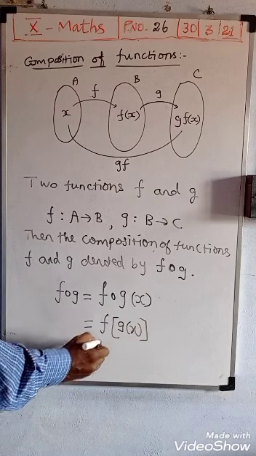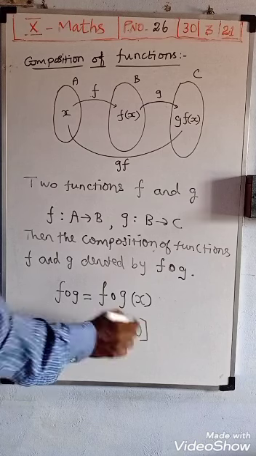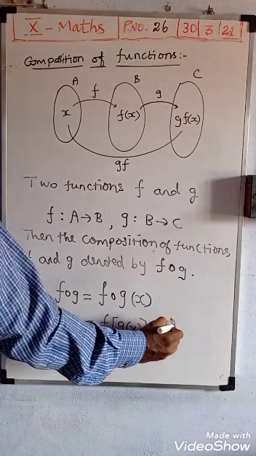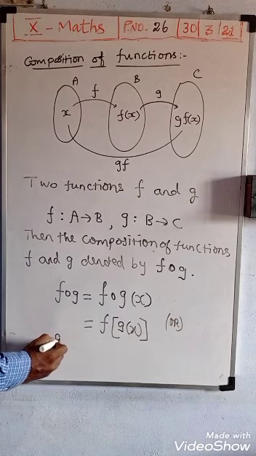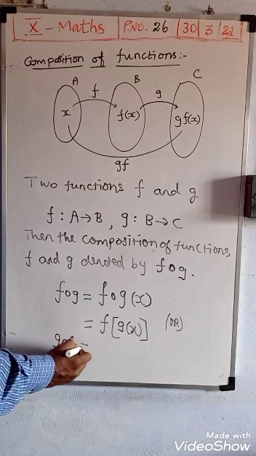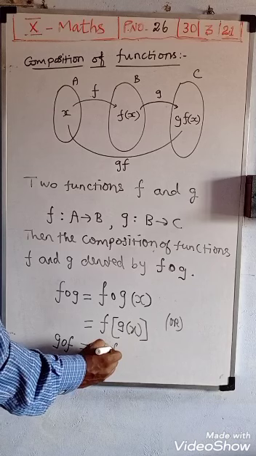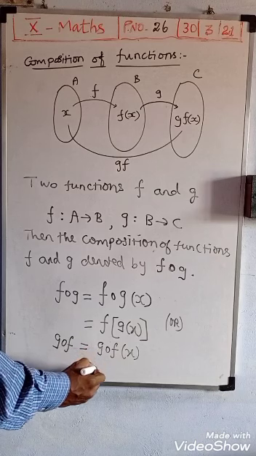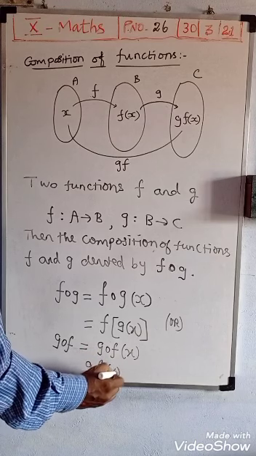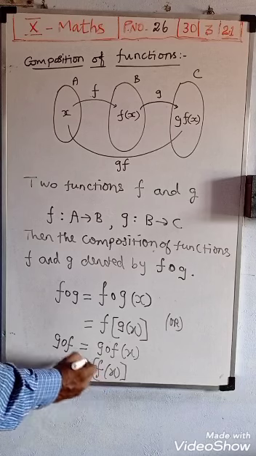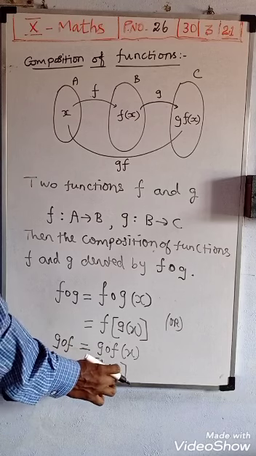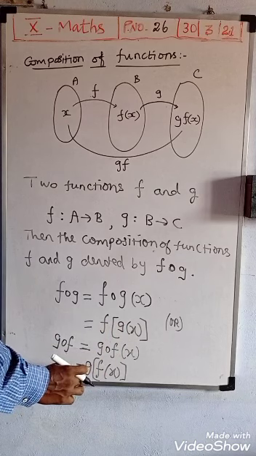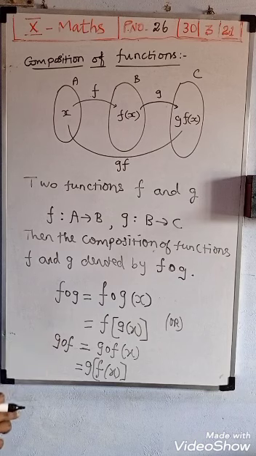Or else, suppose g composition f of x, we can write it as g of f of x. Then first the f of x value is found, and after that the f of x value is substituted in the function g, and you get g composition f.